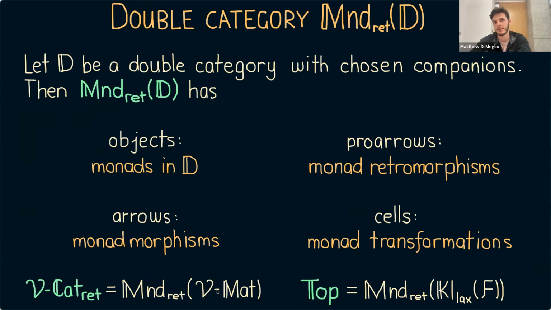When we do this to VMat, we get what I'm denoting VCat ret. This is the double category of V-enriched categories, V-enriched functors, V-enriched retrofunctors, and V-enriched natural transformations. And if we do this to the Lax-Kleisli double category of the filter monad, we get the double category of topological spaces, continuous maps, and open maps.